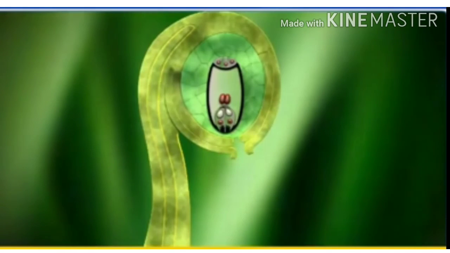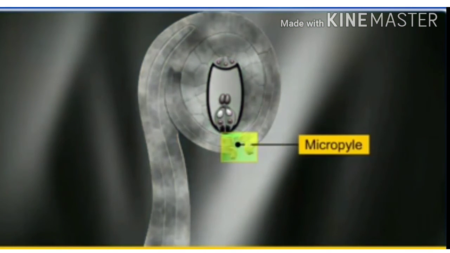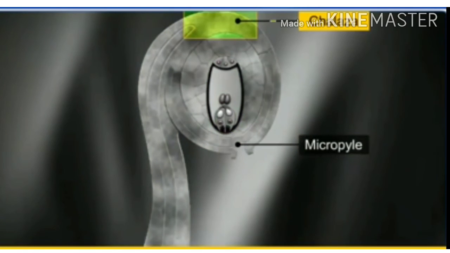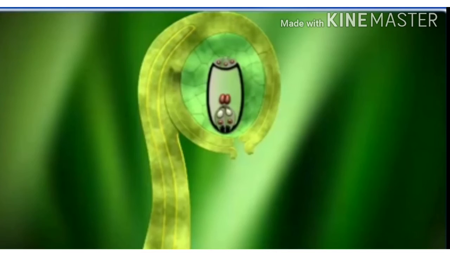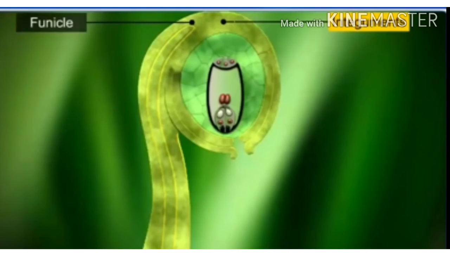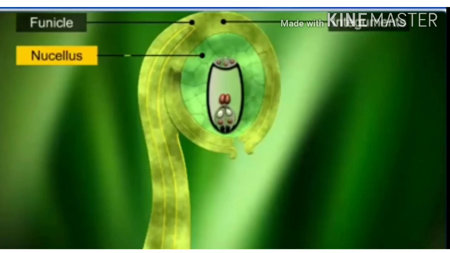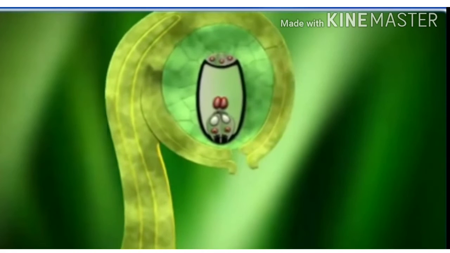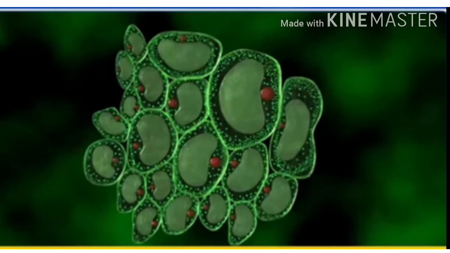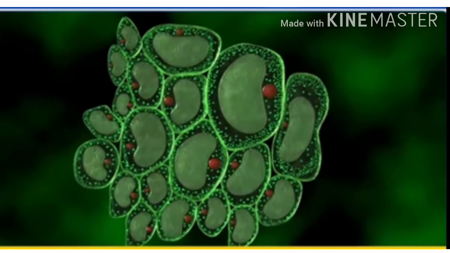Opposite to the micropyle is the chalaza. We can see the funicle and integument joining the nucellus, the center region of the ovule. It is made up of a mass of diploid parenchymatous cells with a huge amount of reserve food material.